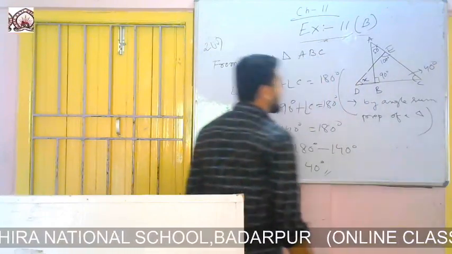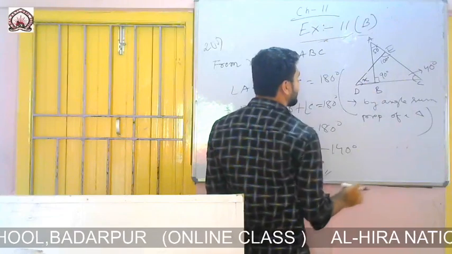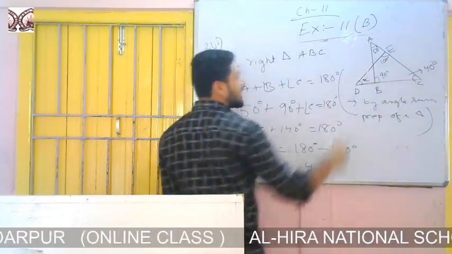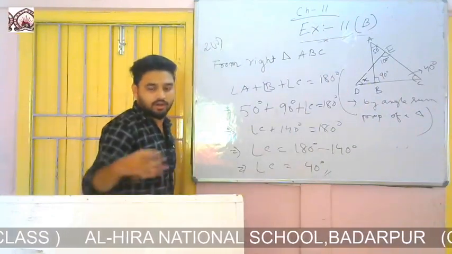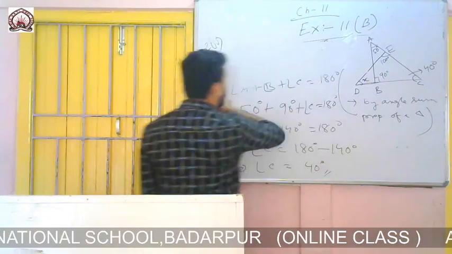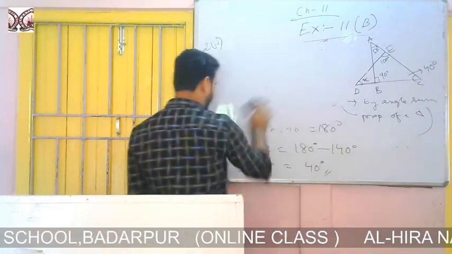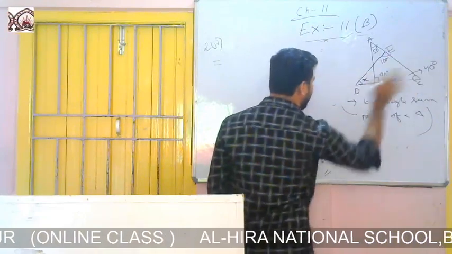Now again by the angle sum property I can find this angle, because if I add these three angles, then I will get 180 degree, and from that I can find angle X. So write again from the triangle, now we shall consider the triangle EDC.